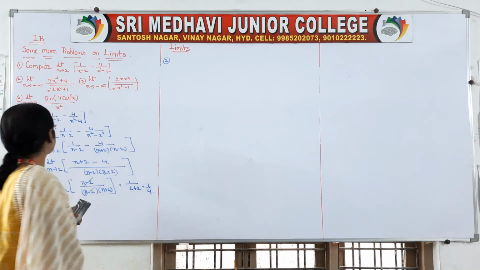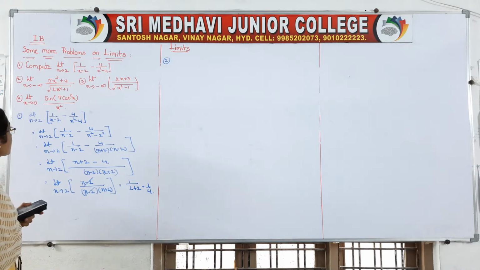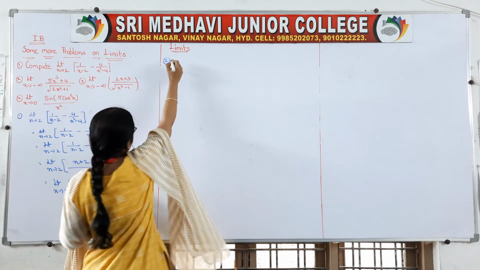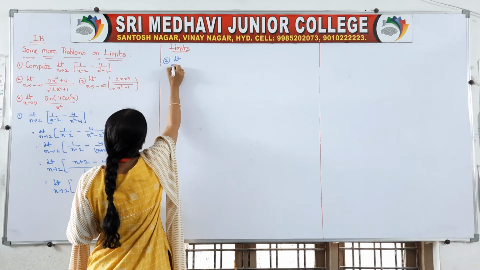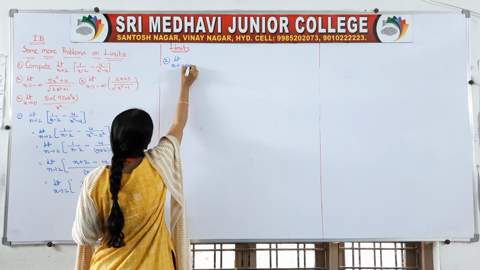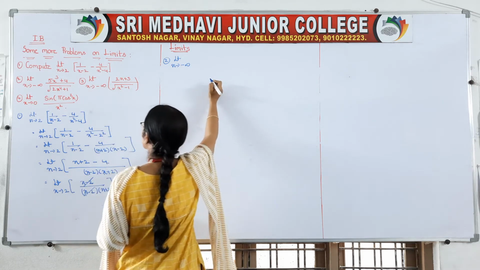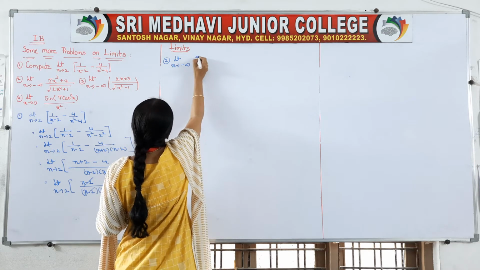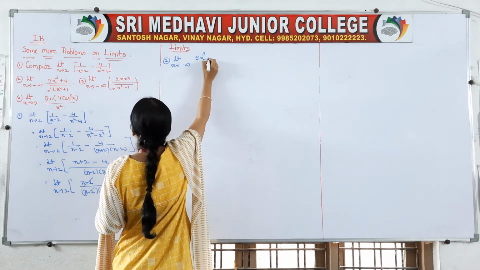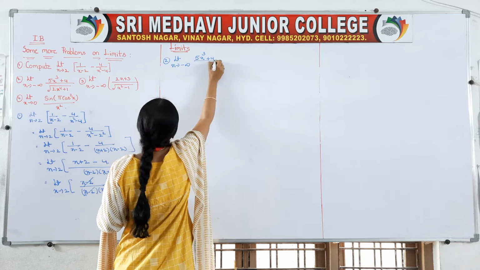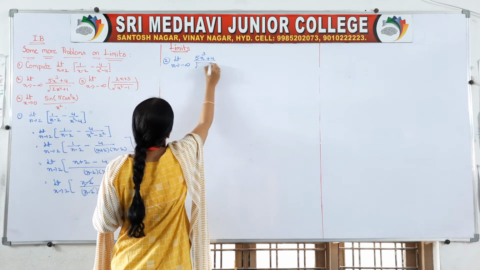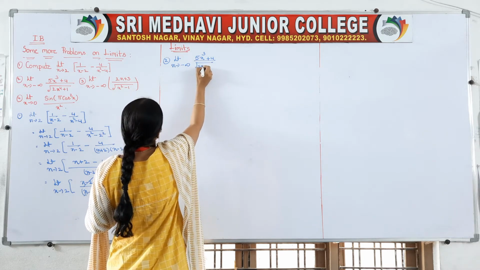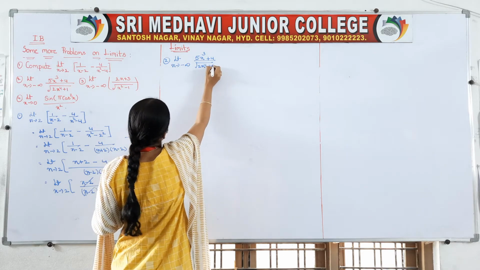What is your second question? Limit x tends to minus infinity. Sometimes it will be plus infinity, sometimes it can be minus infinity. So (5x cube plus 4) by root of (2x to the power of 4 plus 1).